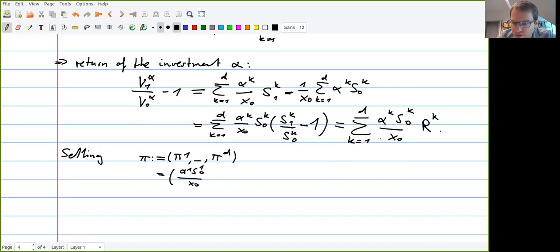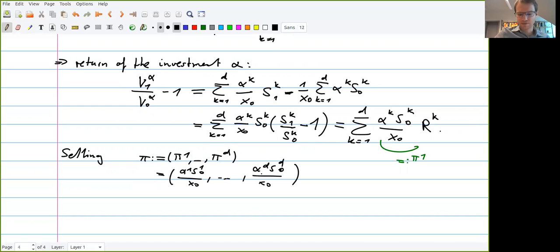So what we do is we call this pi 1. That's it. But long story short, it means I have here a vector alpha d over x0.